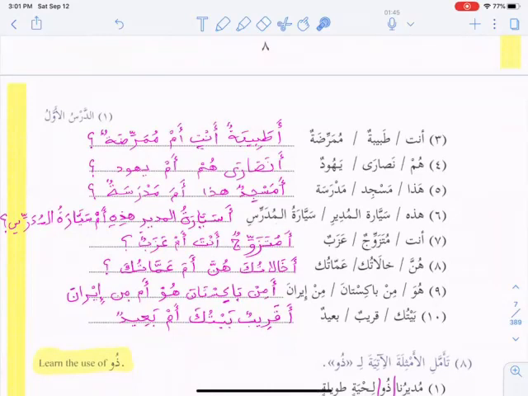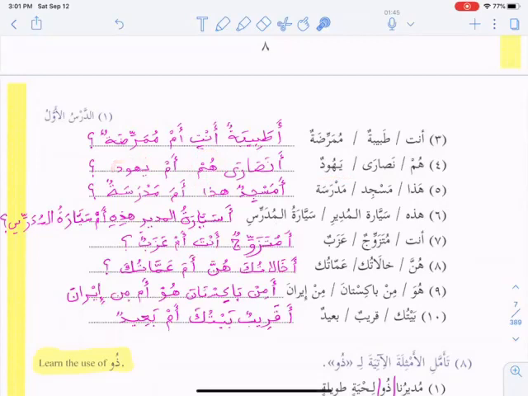Tabibatun is the doctor. Tabibatun anti. This is anti. Mumaridatun. Are you a doctor or a nurse? Whom Nasara and then Yahudun. Nasara is the plural of Christians. And Yahudu is the Jews, plural. And Nasara whom, see? And Nasara whom?